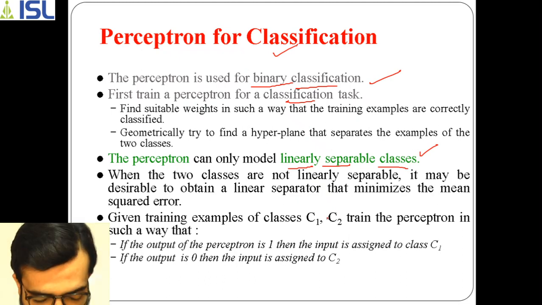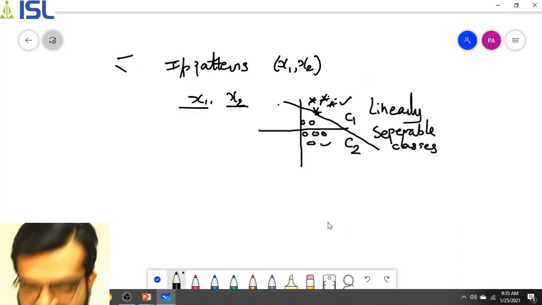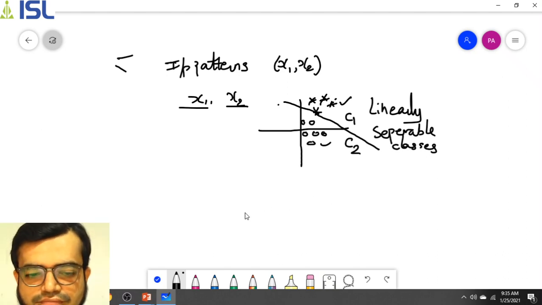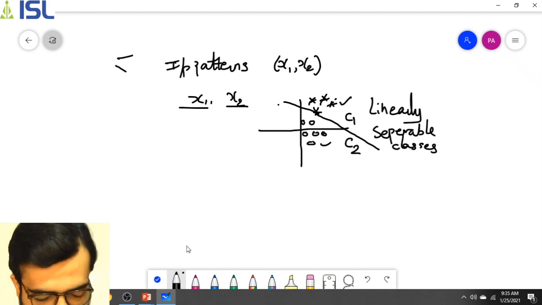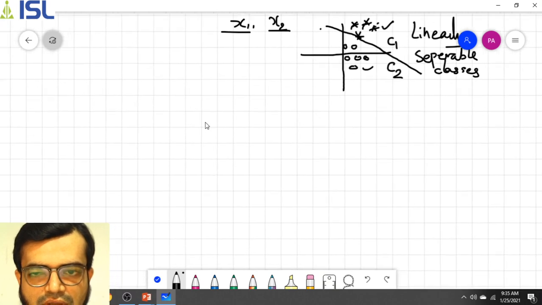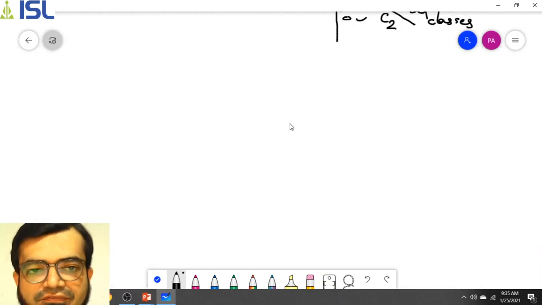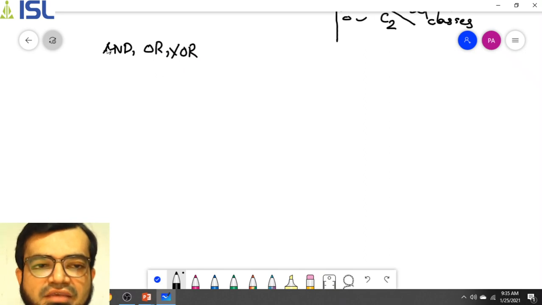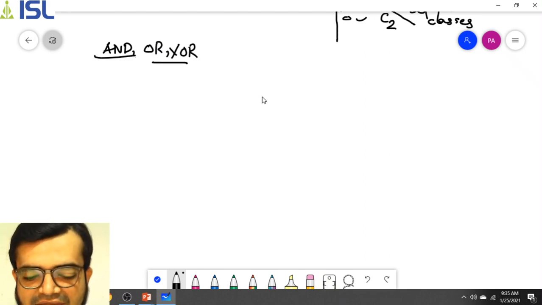First we will see how linearly separable classes work, with the help of the AND problem, OR problem and XOR problem, and we will see whether all of these problems satisfy the given condition or not.